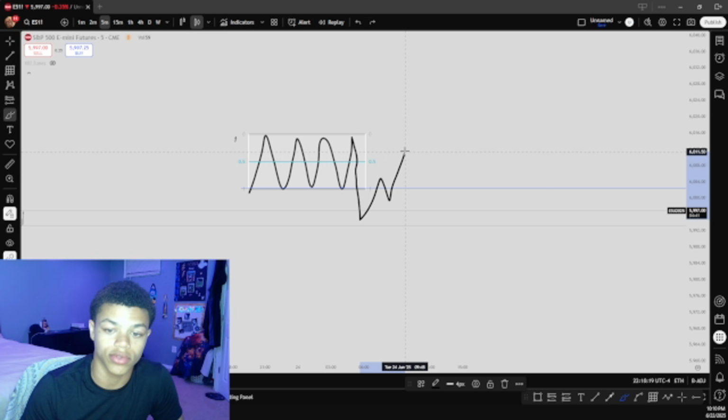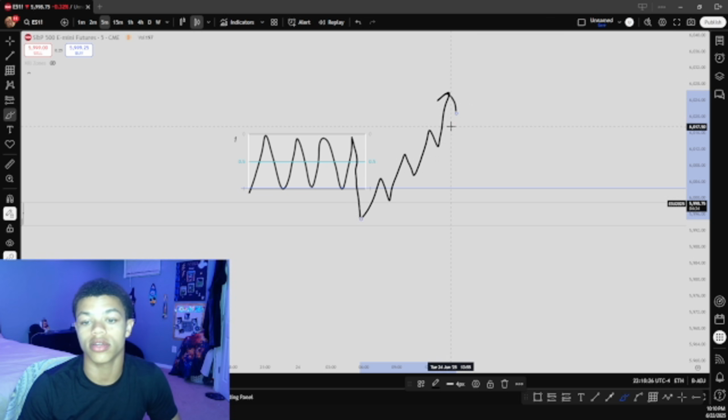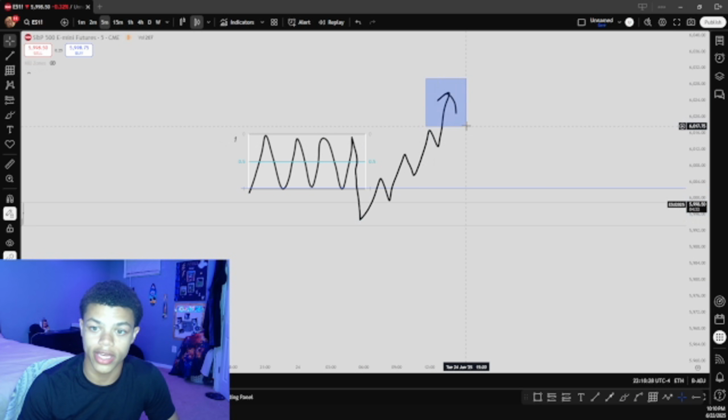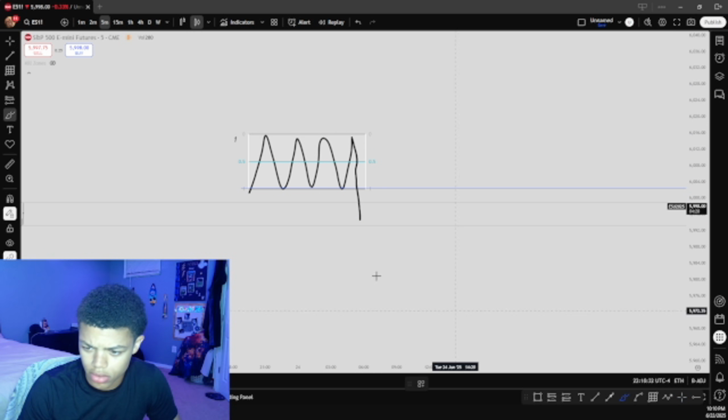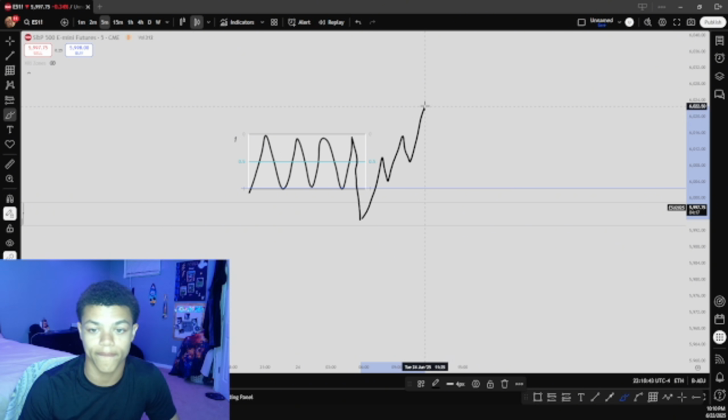We're going to be retracing back into these fair value gaps to continue higher. Or another thing we'll do is, as we're continuing higher, we will be retracing into these fair value gaps. So sometimes we even come in and inverse a fair value gap and then come even higher from that.